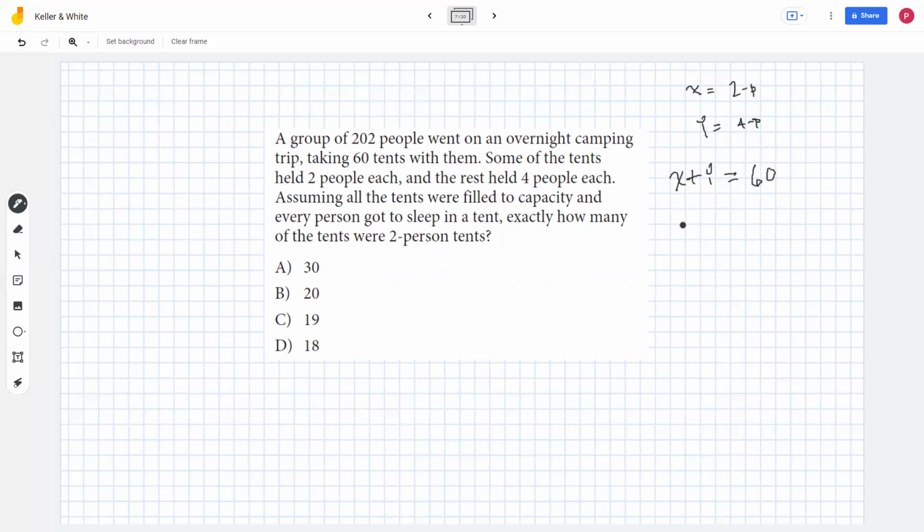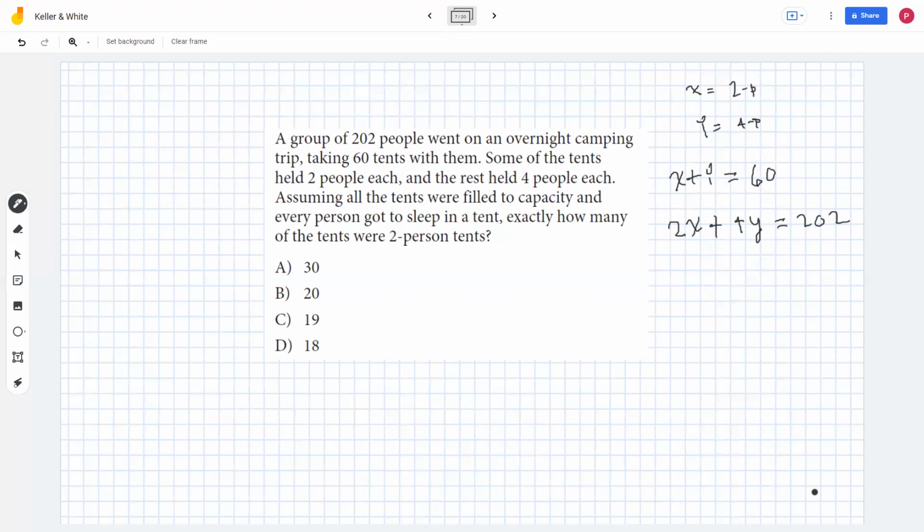And let's see, 2 times the number of 2-person tents plus 4 times the number of 4-person tents has to add up to the 202 people. And then you solve that system. Unless you don't feel like doing it that way.